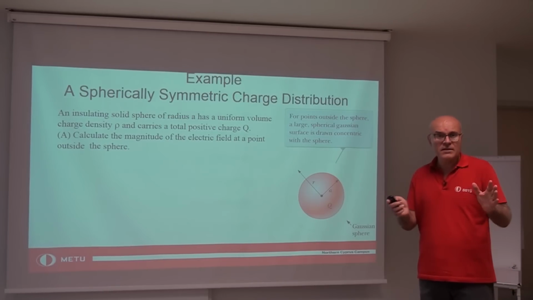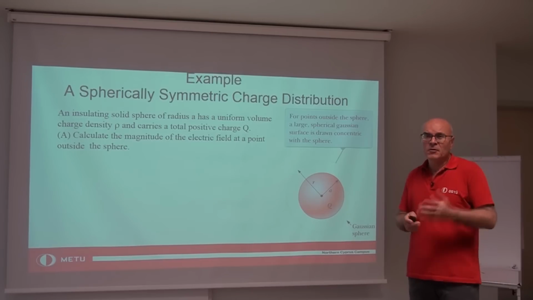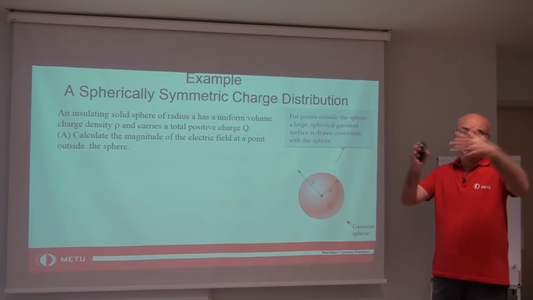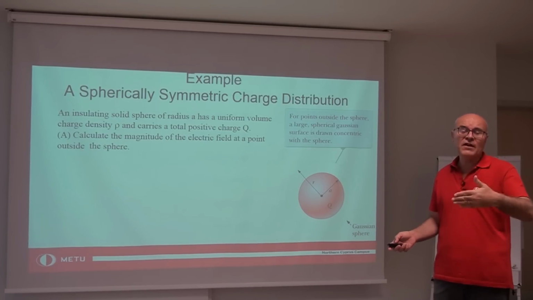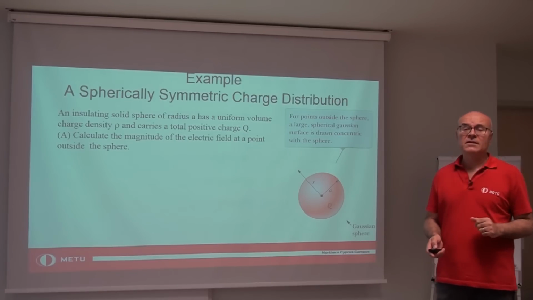Okay, so this is an arbitrary point, because usually when you want to find the electric field, you want to find an expression for the electric field in this space. So the expression that you will find will be valid for any r outside the sphere. This is what is requested.